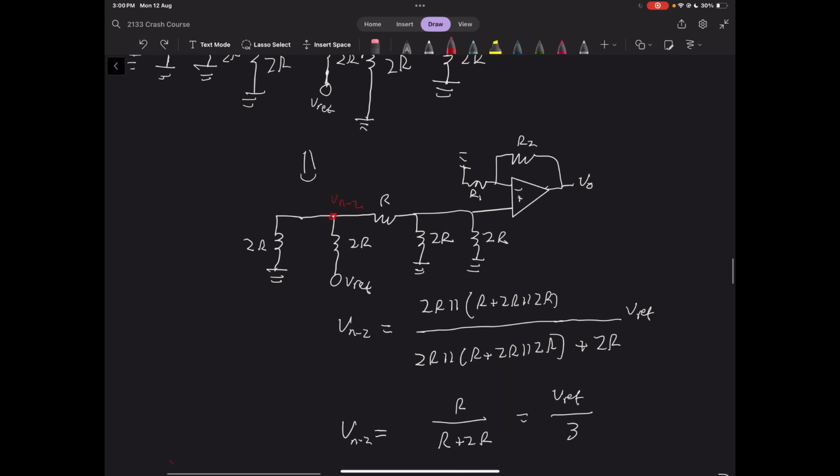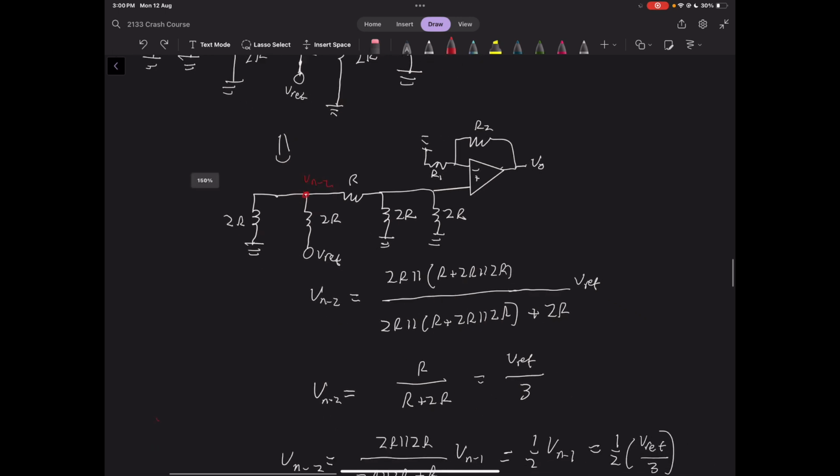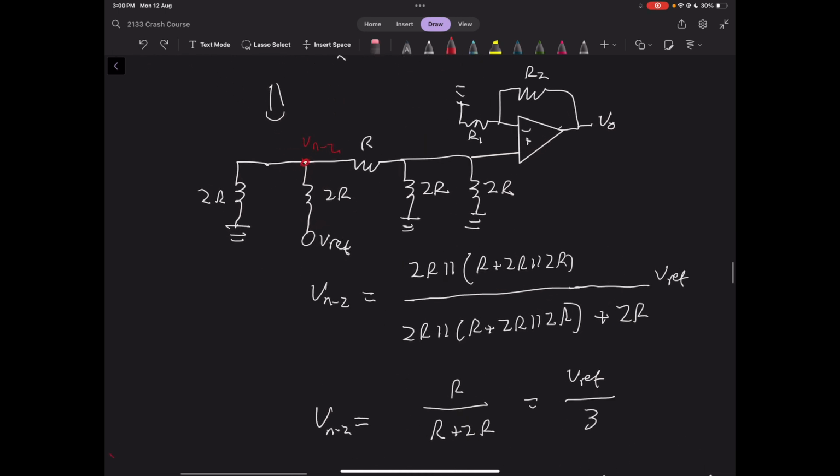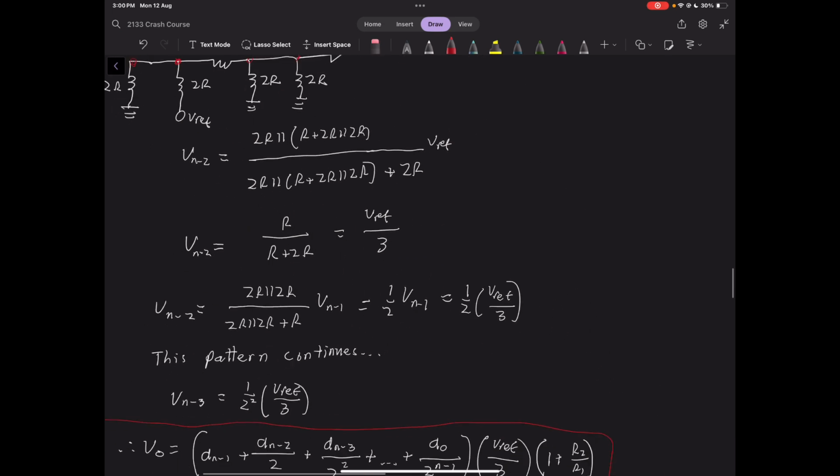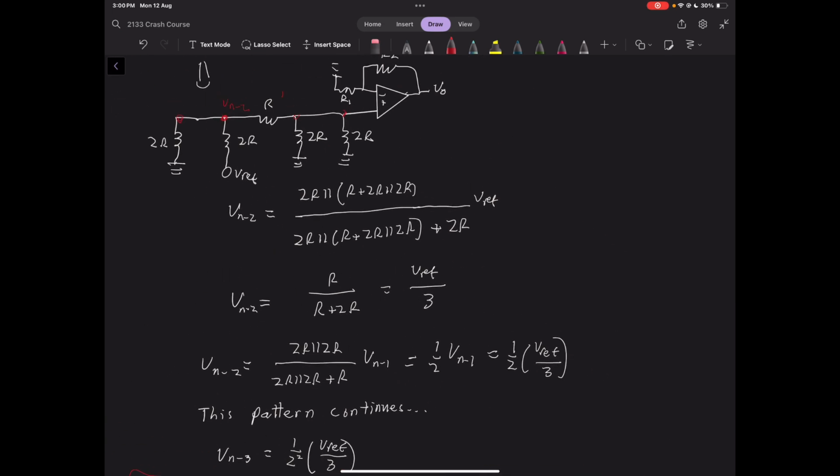So that gives us this equivalent circuit. Then we find the voltage at this node, which again is another voltage divider. So we are dividing over this resistor, and then it's 2R in parallel with R in series with these two in parallel. And then that simplifies down to, again, V reference on a third.